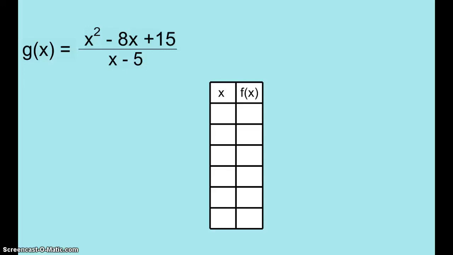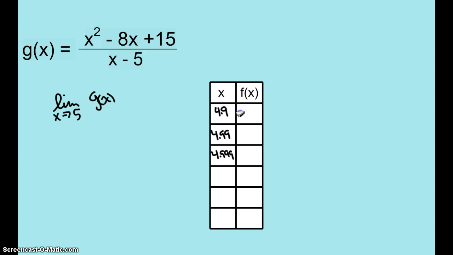I'm going to pause. Alright, we're going to use this table to find the limit as x approaches 5 of g of x. So first we're going to put in, approaching from the left, 4.9, 4.99, and 4.999.